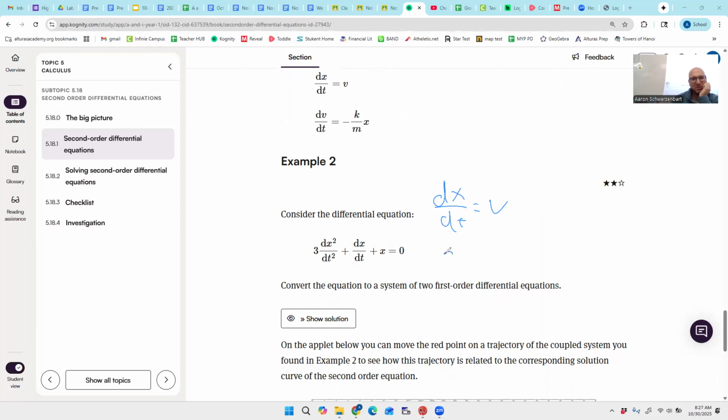So my second one, and I'm going to move it over to the other side so I can put my coupled system together. 3v prime. Actually, let's use dot notation just to get you guys used to it. Means the same thing. Plus v plus x equals 0.